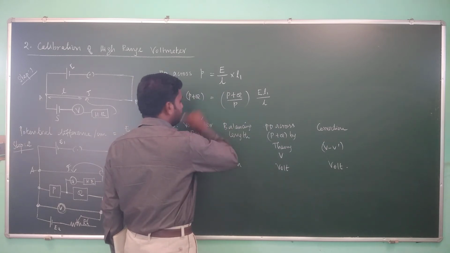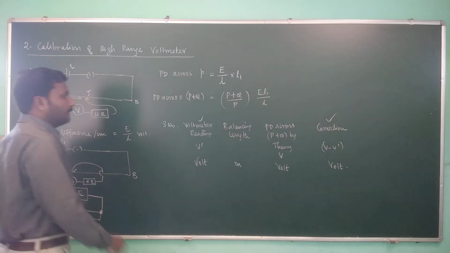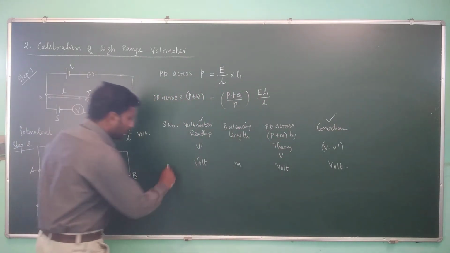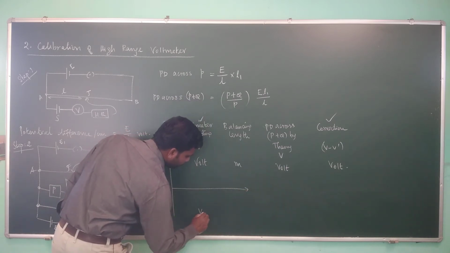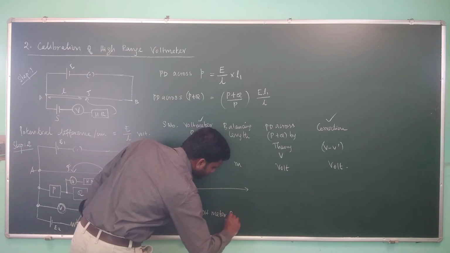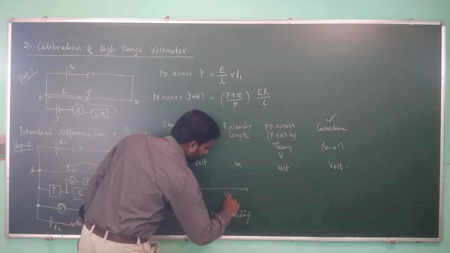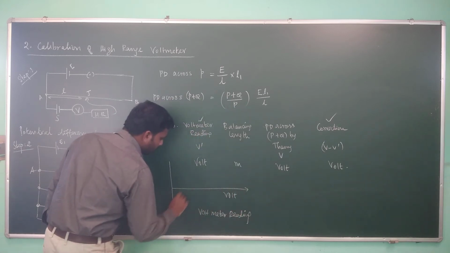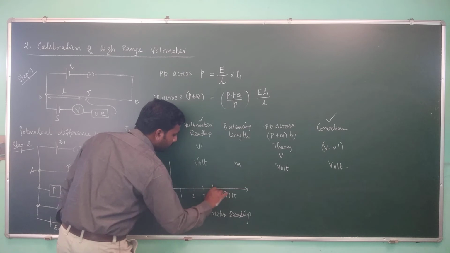Between the voltmeter reading V prime and the correction, we can draw the graph as usual. How to draw the graph? This x-axis is the voltmeter reading, in volts. It may start from 1 volt, 2 volt, 3 volt, 4 volt, 5 volt, and so on.